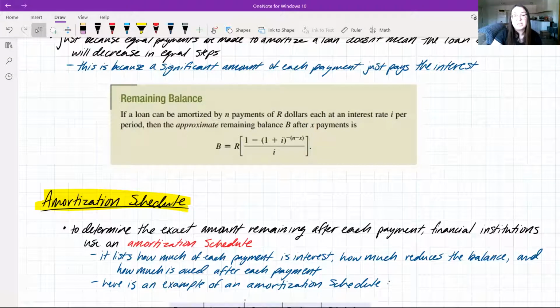The only thing that really changed is now we have a value of n minus X. So we know that our remaining balance will be however many periods that we had to pay minus however many payments remaining.